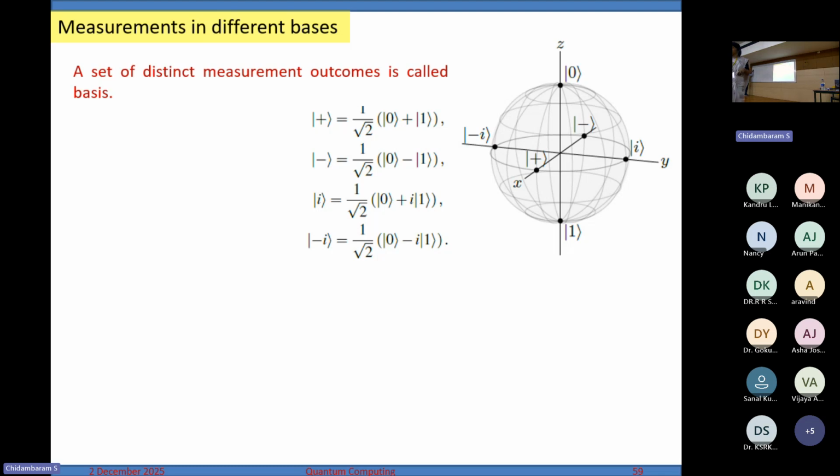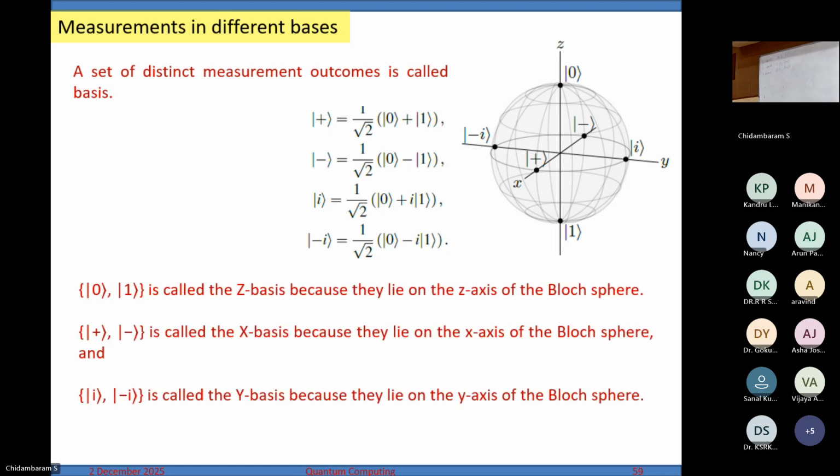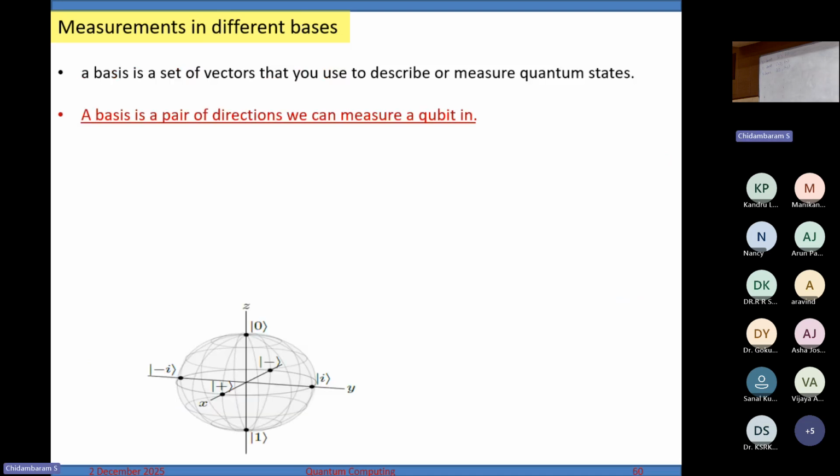You have the Y basis, wherein I have plus i, then minus i. Okay, given a qubit, I can measure it in any of these bases. So 0, 1 is called the Z basis, plus minus is called the X basis, plus i minus i is called the Y basis. Okay, now, what is a basis? A basis is a pair of directions where we can measure the given qubit.